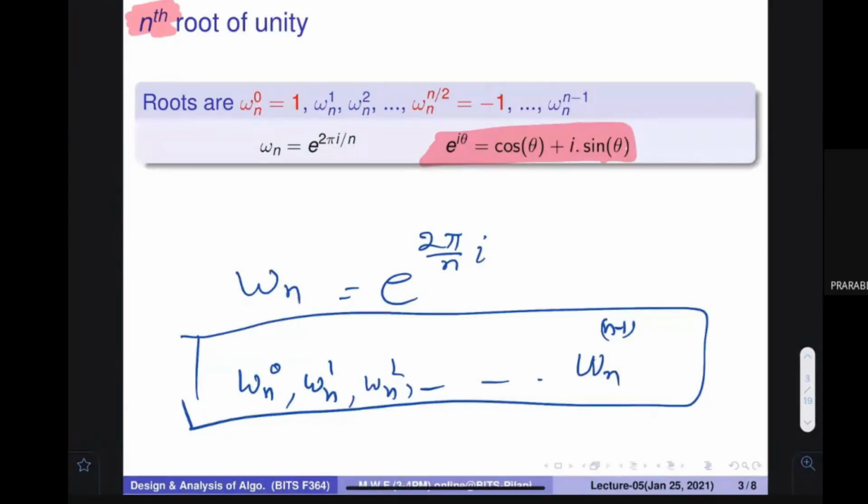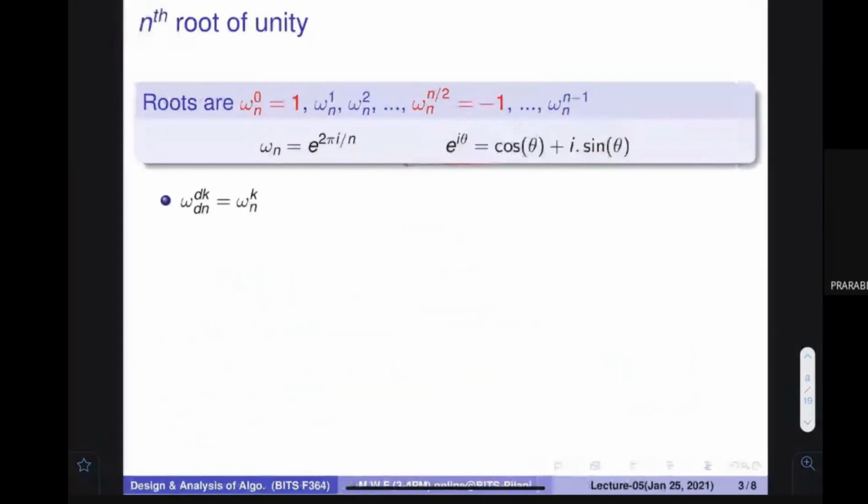If you understand this, everybody knows that this particular quantity, ω_dn^dk, what is this value? It is ω_dn to the power dk. What is ω_dn? ω_dn is e to the power minus 2πi/dn, to the power dk.